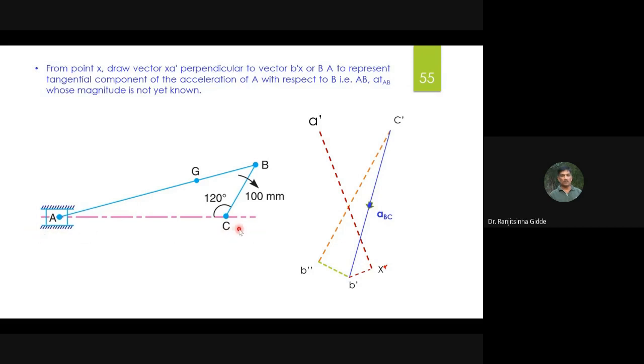Draw one vector parallel to this AC, that is the line of stroke.